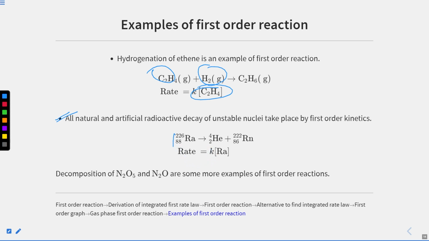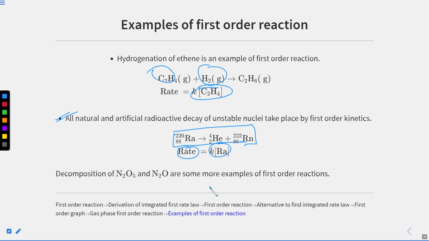Likewise, in the example going from radium to helium plus radon, the rate is written as K into [Ra] raised to some power that is not defined, but it should be 1 because it is a radioactive decay. Therefore, the rate is equal to K times [Ra] raised to the power 1.